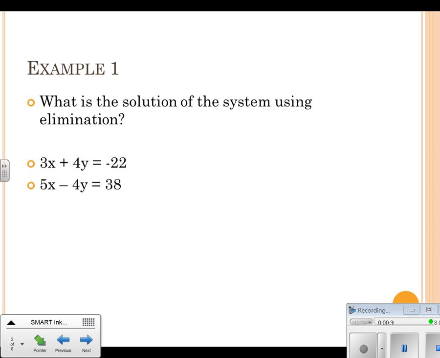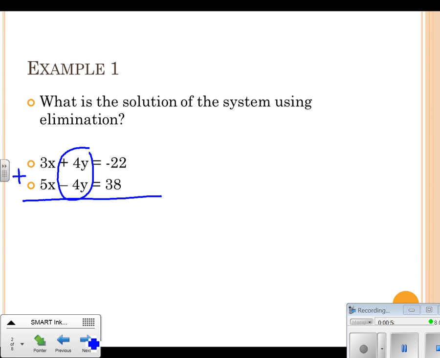In solving using elimination, if you can see here, I have a system. I've got two linear equations, and I have the x terms lined up, the y terms lined up, and the constants lined up right on top of each other. And we can see that if we were going to add all of the terms, what happens when we add opposites is we get 0.